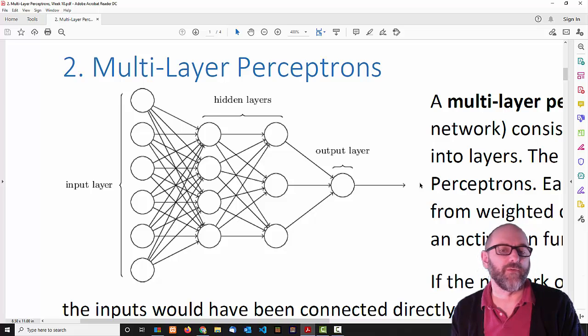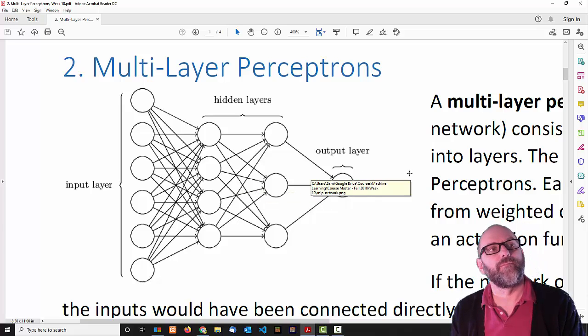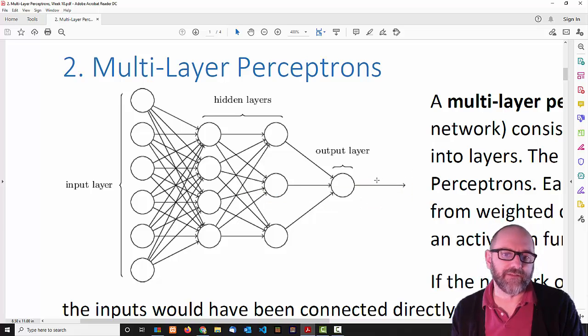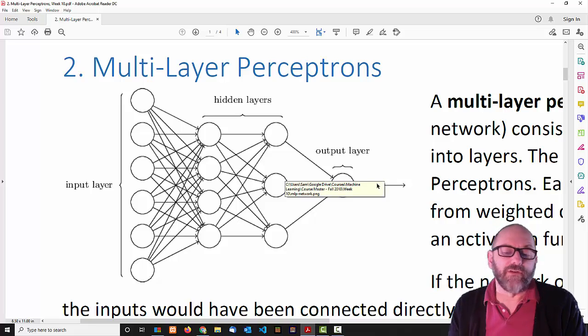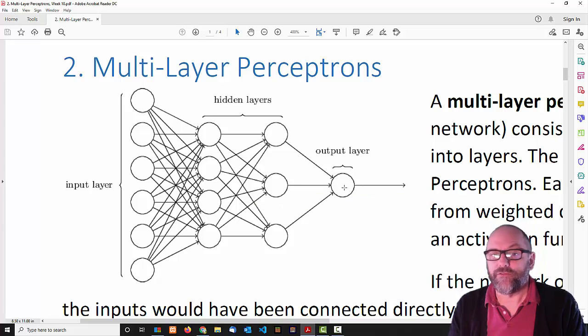Basically, if it's 0.5 or less, then it's a 0 classification. If it's more than 0.5, then it's a 1 classification. You could also read some confidence off of it. If it's really close to 1, then it's probably pretty confident. If it's really close to 0, it's probably pretty confident. If it's hovering around 0.4 or 0.6, maybe that's not the most confident classification.